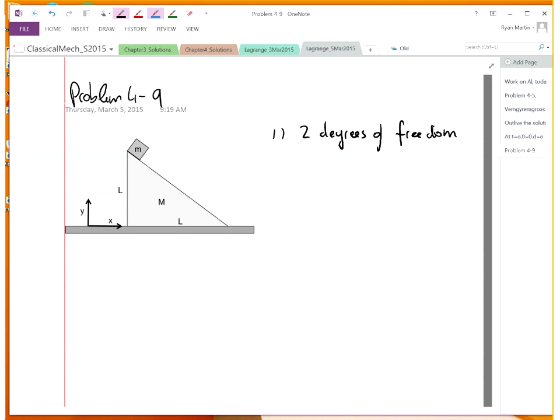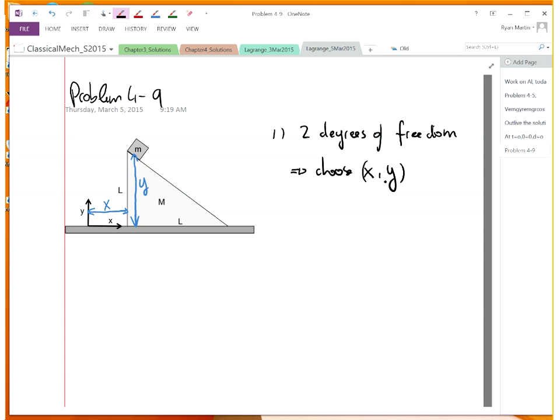I think that I should be able to specify where the big block M is with respect to the origin, and then another good one would be the height of the little block m with respect to the origin. So I'm going to call those X and Y, as drawn in blue in the diagram.